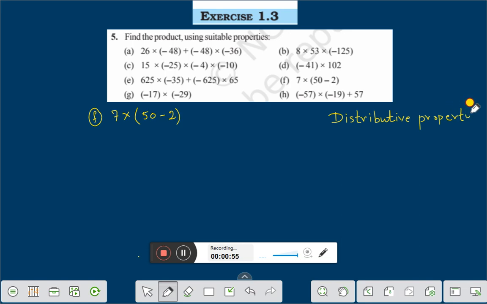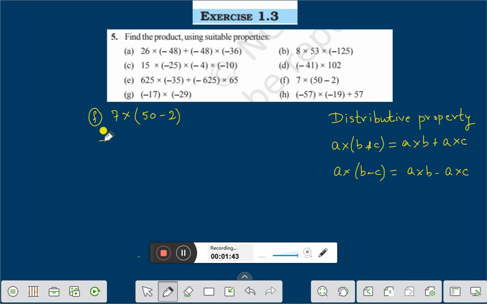You are using the distributive property, that is A into B plus C is equal to A into B plus A into C. In case of plus, you can use minus as well, that is A into B minus C is also equal to A into B minus A into C. This is also the distributive property.